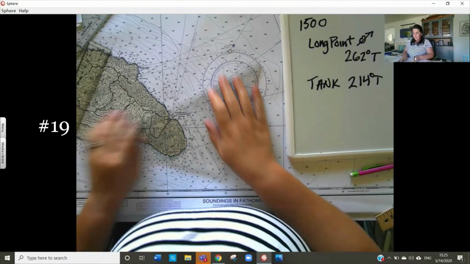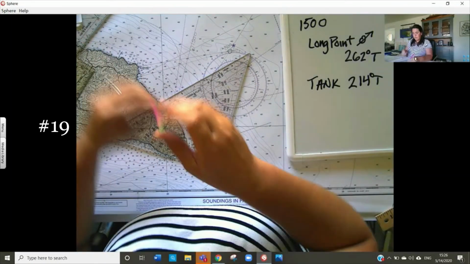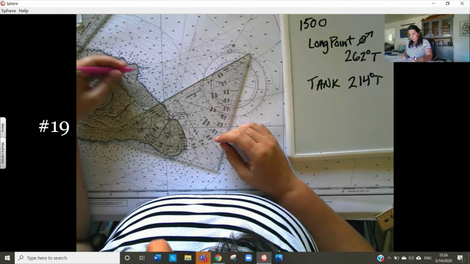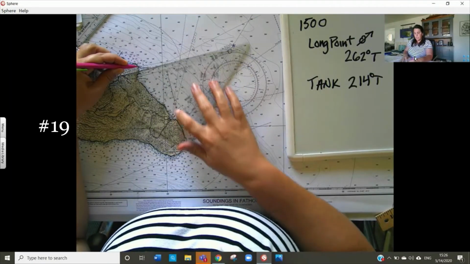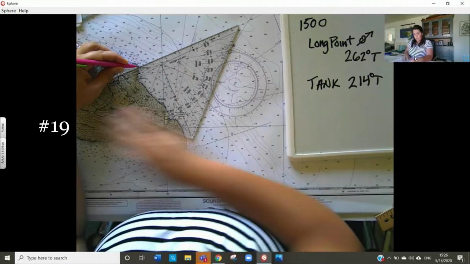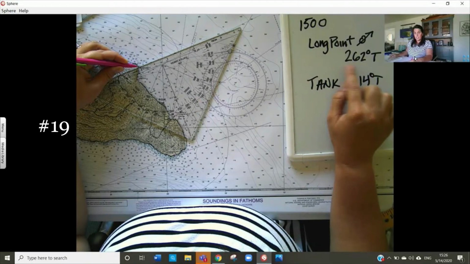So first I'll get my Long Point. I'm going to put my pencil on Long Point, so I have something to pivot on. Move that out of the way. And I am looking for 262.